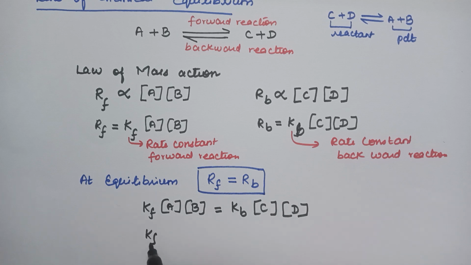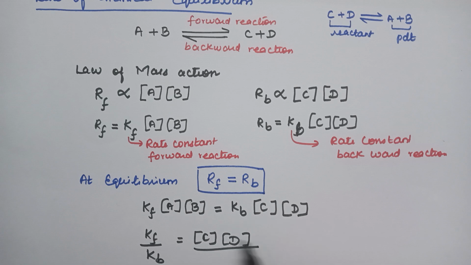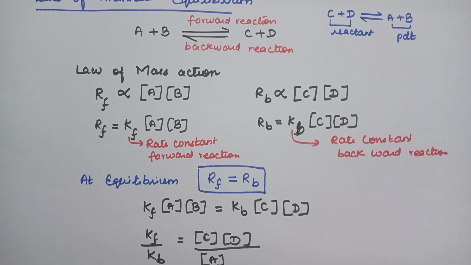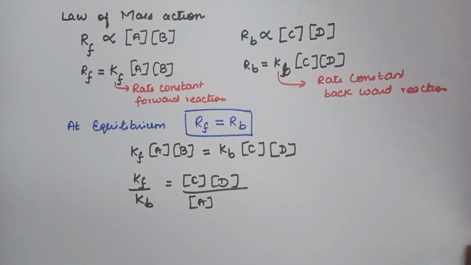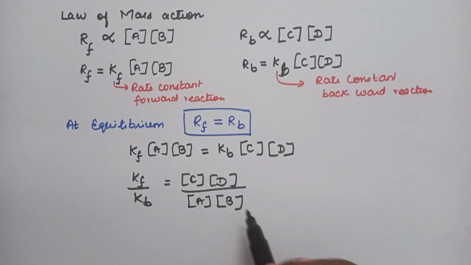So it becomes Kf by Kb is equal to C D divided by the active masses of A, then B.